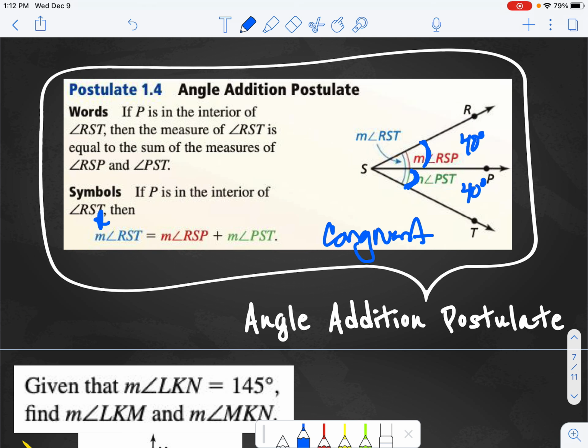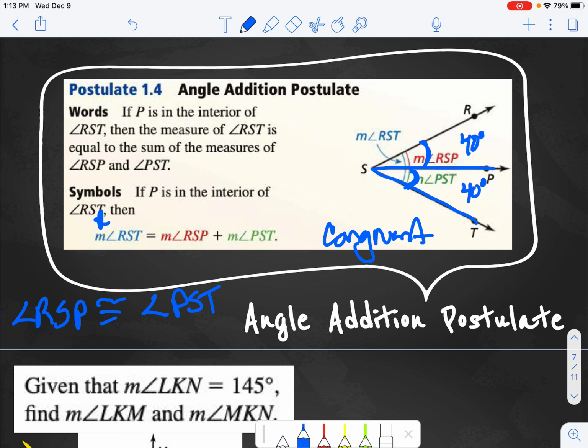So you could put it on there if you wanted to, but you don't have to. You could just say angle RST is congruent. Use that equal sign with a squiggly line over it. Oops, not RST, my fault. Angle RSP is congruent to angle PST.